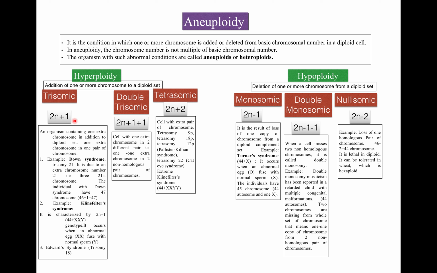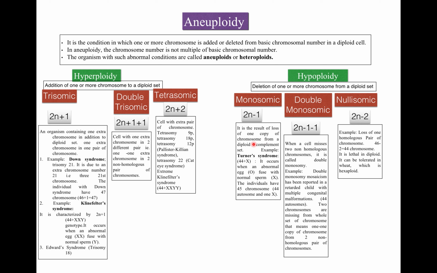Trisomy 2n plus 1 means 46 plus 1, that is 47. 2n plus 1 plus 1 means 46, 47 plus 1, 48. So 48 chromosomes. 2n plus 2 means again 48 chromosomes, but extra pair of chromosomes means there are 24 pairs of chromosomes.